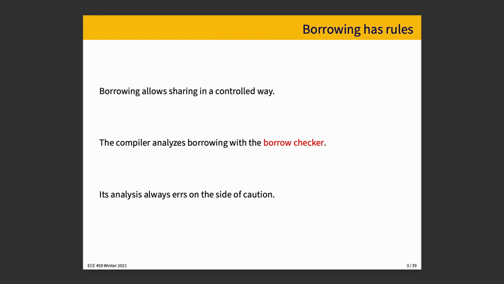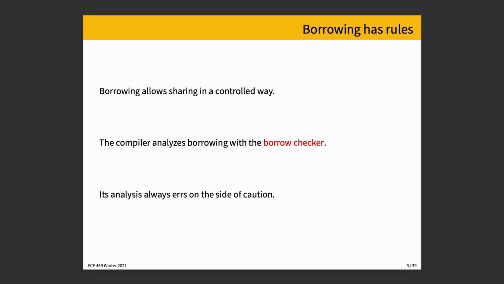Broadly, the people who design Rust are of the opinion that it is preferable for the compiler to say no to a program that is valid than it is for the borrow checker to say yes to a program which is not. So it always errs on the side of caution.